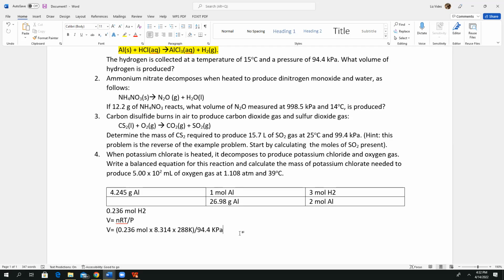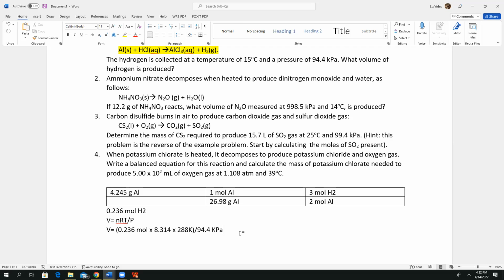Okay, so we need to balance that equation. It's 2, so we need a 2 here.